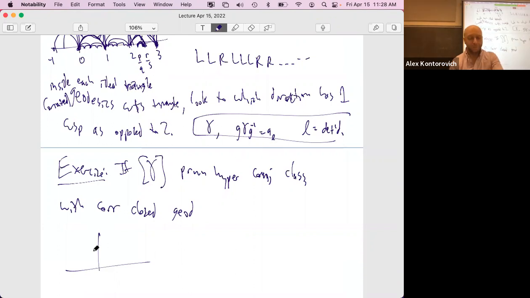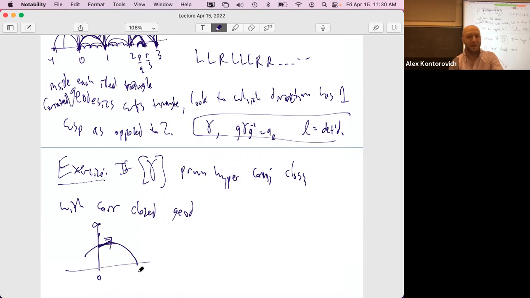Okay. So you can start your geodesic somewhere. So let's start the geodesic on the imaginary axis. I don't know where, and I don't know in which direction, but a closed geodesic has to cross the imaginary axis. So if you started at the imaginary axis, you follow it forward to the fixed point.